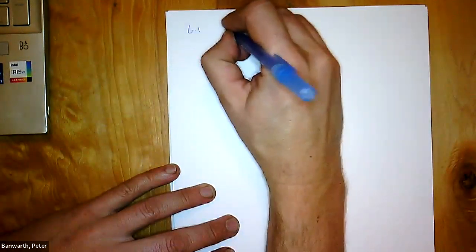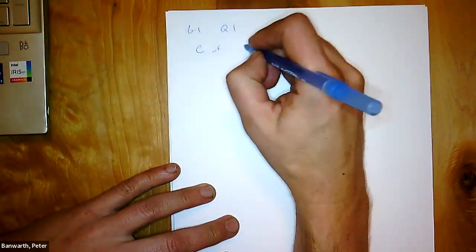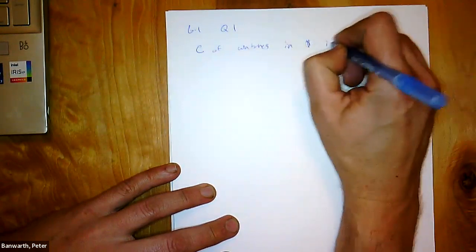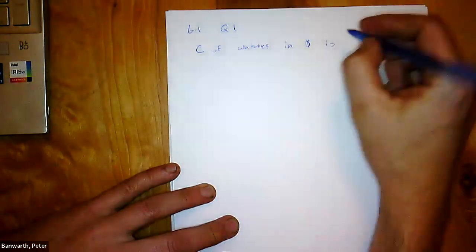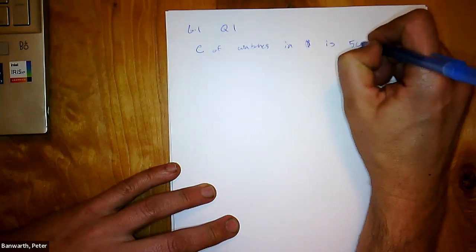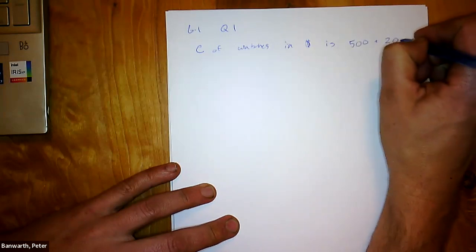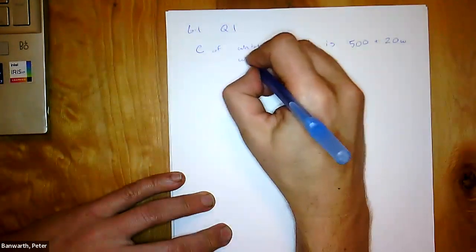So let's look at some examples. All right, I'm going to do something. This is 6.1, question 1, but slightly different. So the cost of watches in dollars is, let's see, there's going to be a base cost, $500 for the factory, plus a cost per watch, 20W, where W is the number of watches.